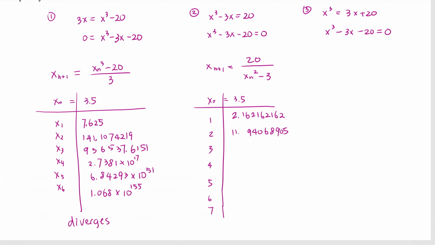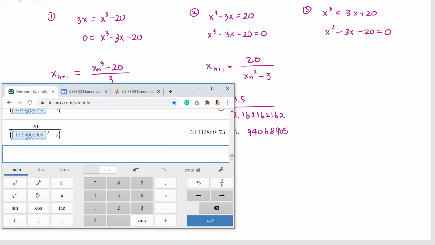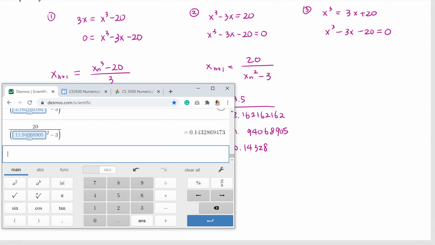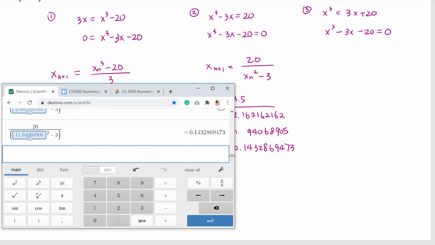Okay, again. We continue. 0.143286 9473. They're not big numbers, but I don't think it's converging.